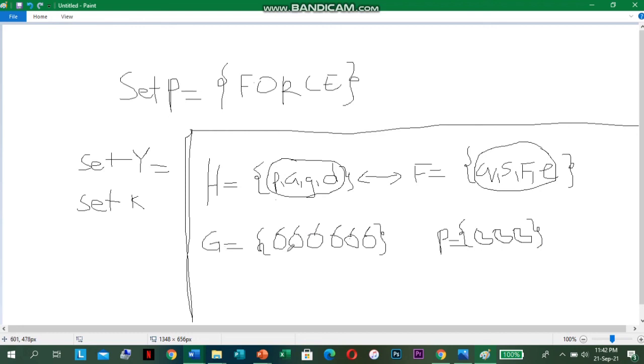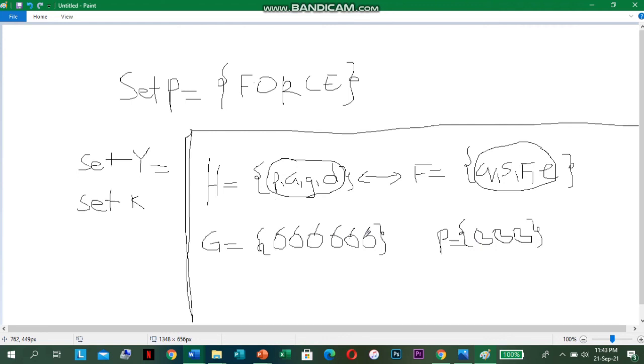Set G has 1, 2, 3, 4, 5, 6, six elements or members in it. Set P has 3 elements or members, and set G has 6.